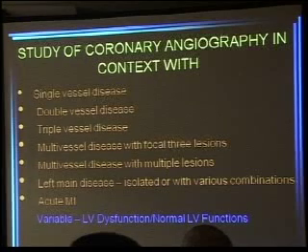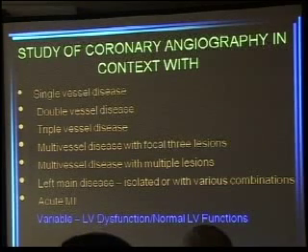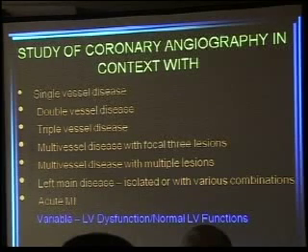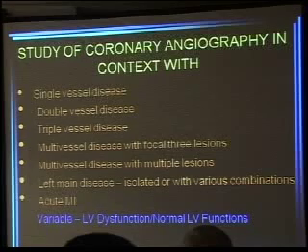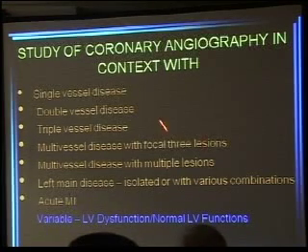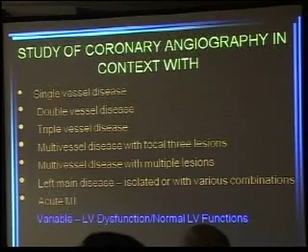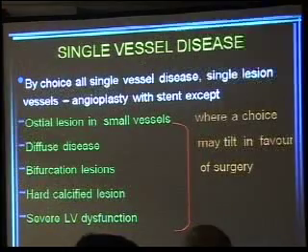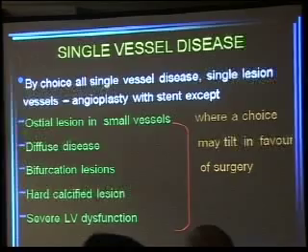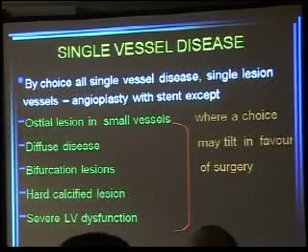The patients with triple vessel disease with focal lesions, or a multivessel disease with multiple lesions, left main disease, isolated or with various combinations, the patients who have presented to us in acute myocardial infarction, and we should always study these subsets with one variable, that whether the patient is having associated LV dysfunction or the patient is having a normal LV function.